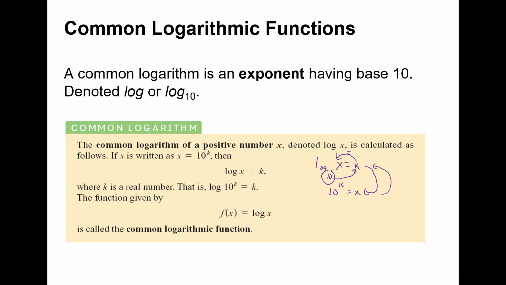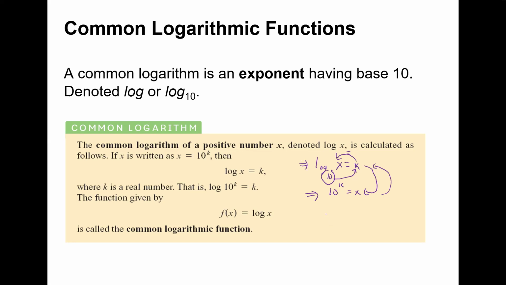We just have to put the pieces in the proper place. So this is the base, this is what it's equal to, the y basically, and this is what we're taking the log of. That's how we can go between the log form and the exponential form, because sometimes it's easier to work in one form, and sometimes in the other.